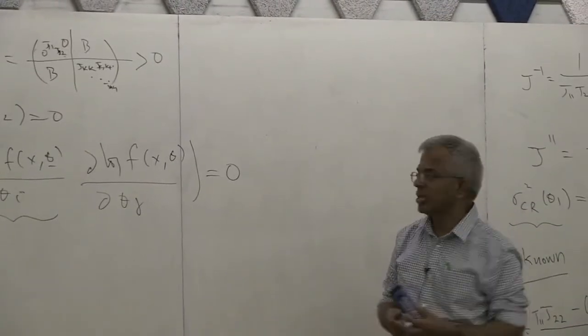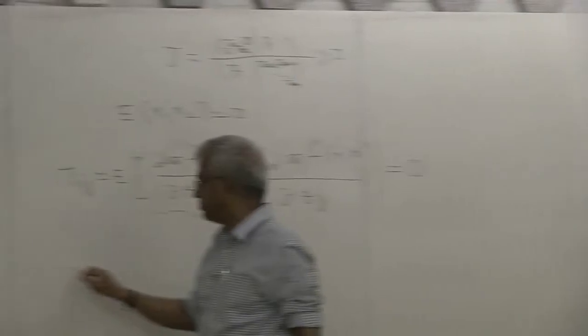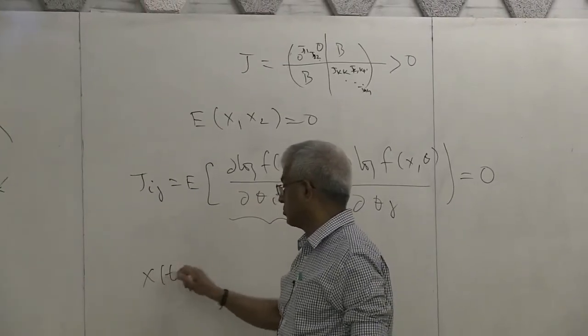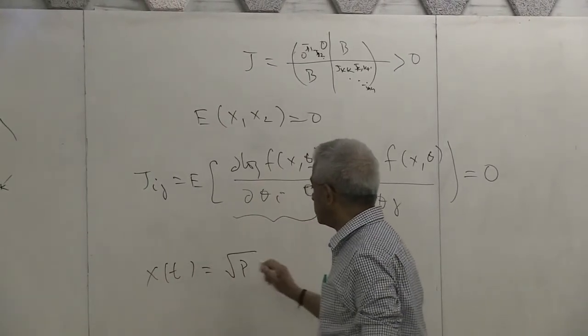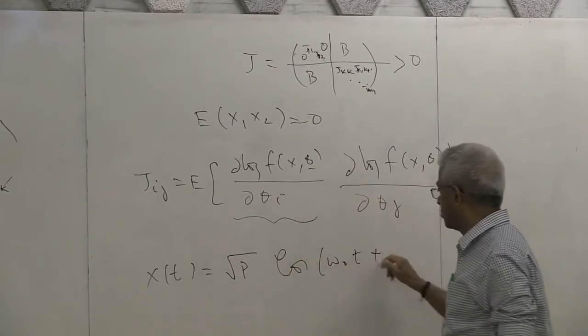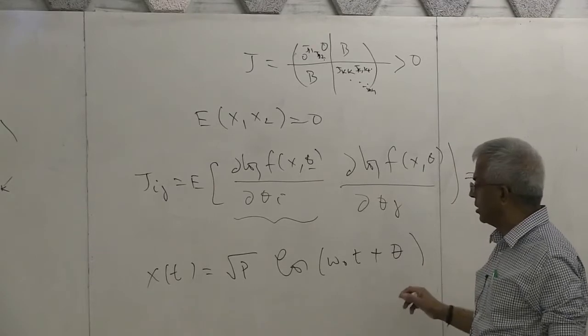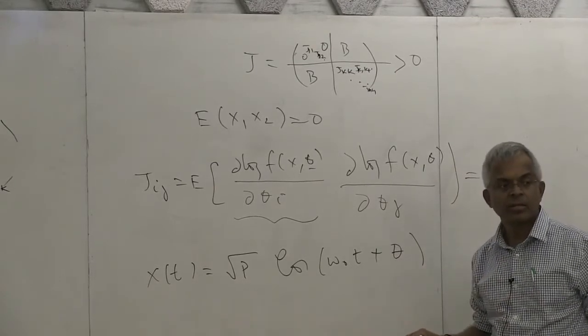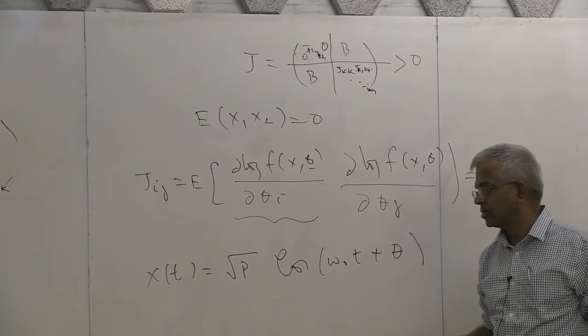And remember, even if you take this problem, I told you this is the classic problem. How many unknowns are here? Anybody? 2. I see 2 unknowns.